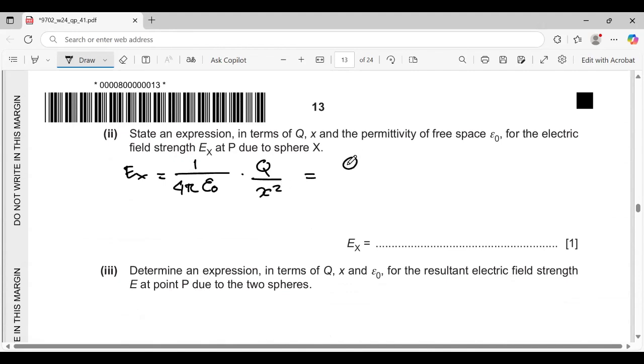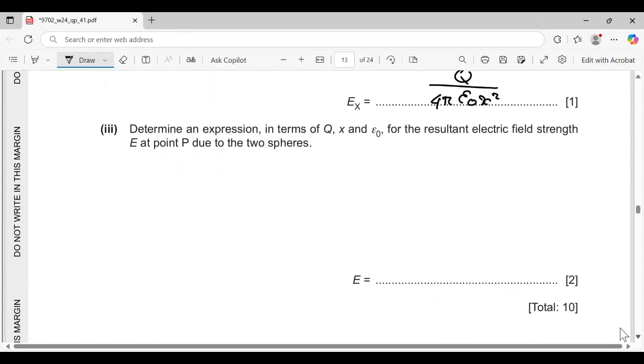So the answer here is Q over 4 pi epsilon 0 x squared. Determine an expression in terms of Q, x, and epsilon 0 for the resultant electric field strength E at point P due to the two spheres.